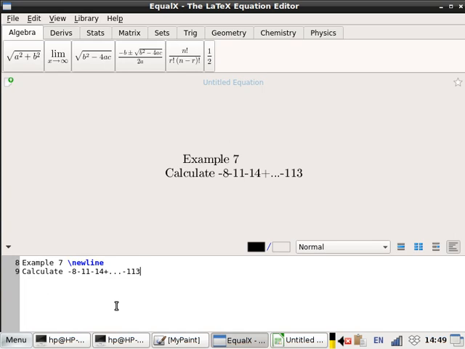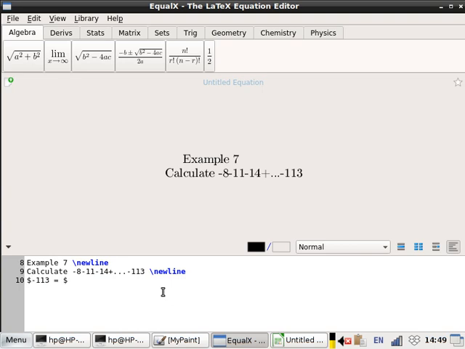So the very first thing I should do is work out what the n is, how many terms I have. And we did an example of that earlier. I have to use my first formula, the Un formula. Okay, so using that formula, I get minus 113 equals.